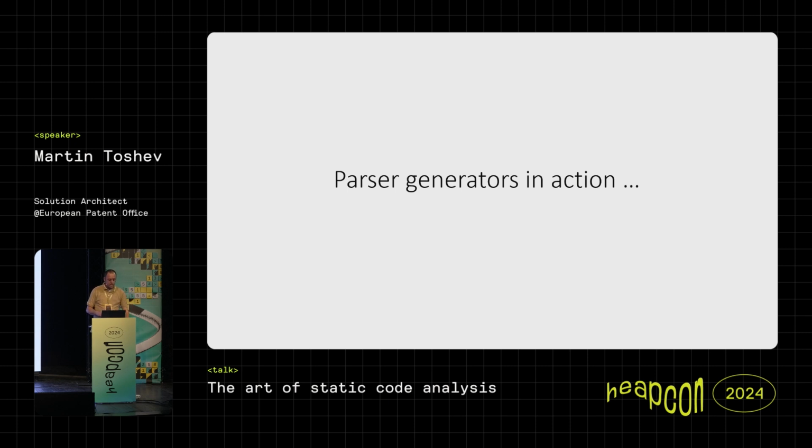Now, let's see a bit how parser generators work. If I want to use, for example, ANTLR, I have a very simple Maven project. If I go to the POM file, I'll need to include the dependency to the latest version of ANTLR.